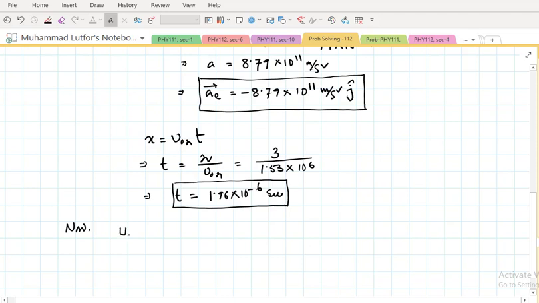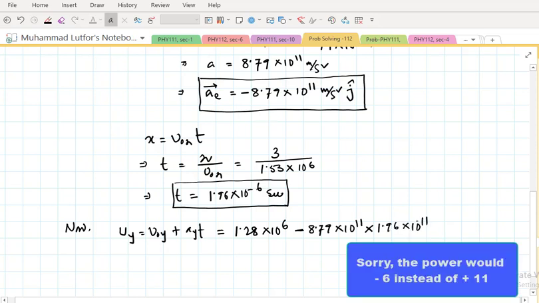So I can write Vy would be V0y plus Ay t, where V0y we calculated earlier, which is 1.28 into 10 to the power 6, minus, it's minus because the acceleration is towards the downward direction, 8.79 into 10 to the power 11, this is the acceleration of the electron, into the time, which is 1.96 into 10 to the power minus 6.